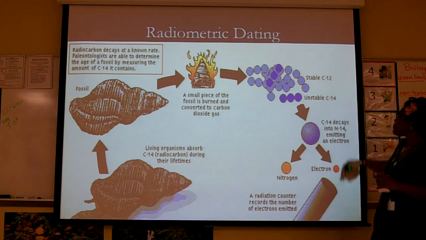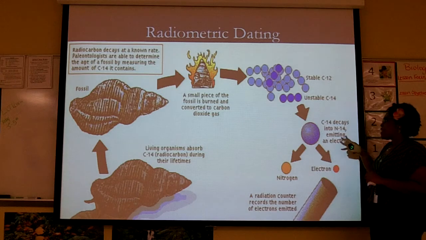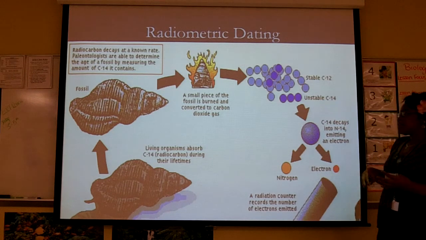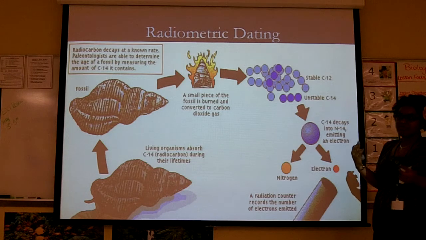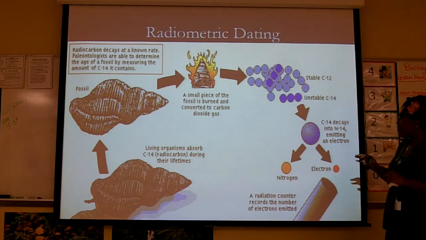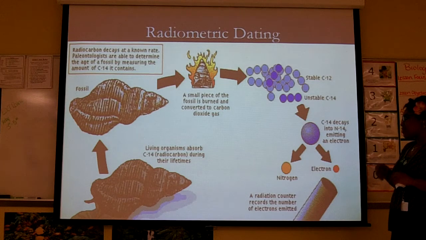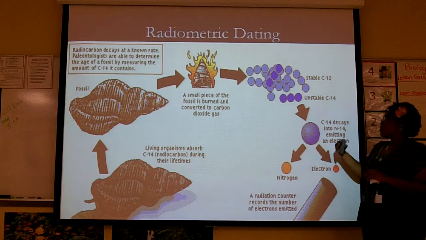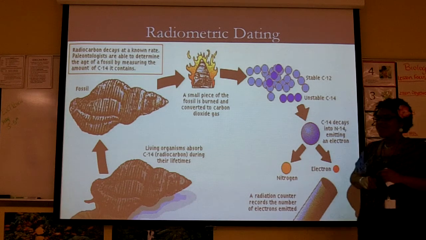That is what we measure. This further decays into N14, which emits an electron, because nitrogen is typically that way. And then a radiation counter records the number of electrons emitted. So depending on how many electrons you emit, you're able to determine C14.